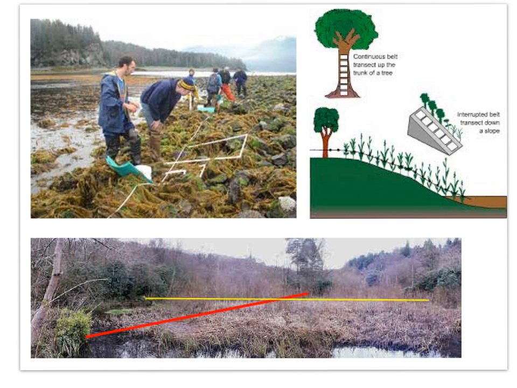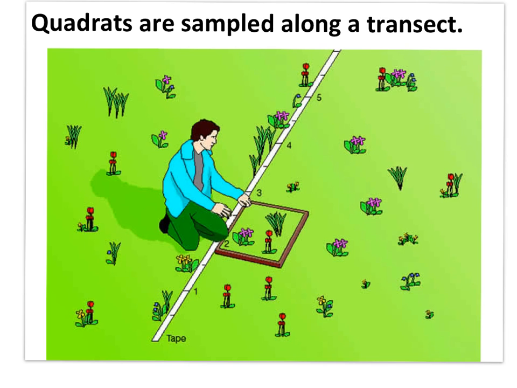Here are different images that display how transect lines with quadrats would be used to correlate the distribution of plant or animal species with an abiotic variable. Here is another image of quadrats being sampled along a transect. The transect would be used to correlate the distribution of plant or animal species with an abiotic variable.